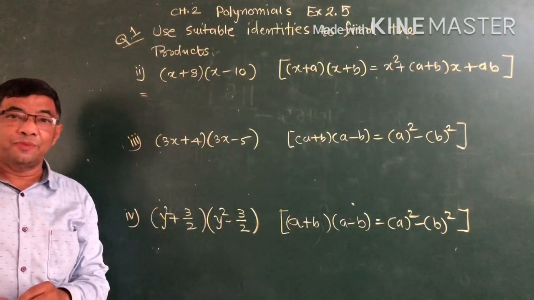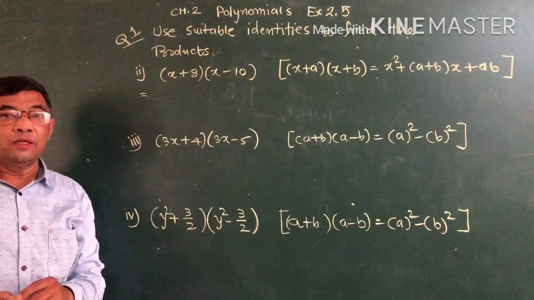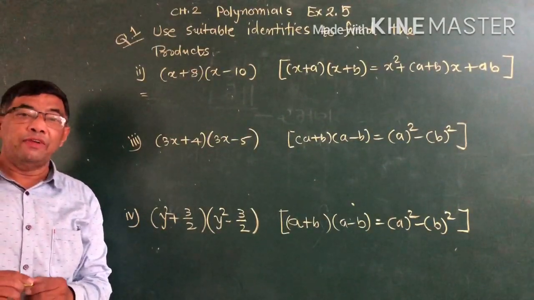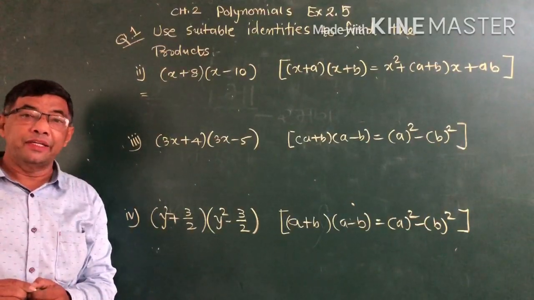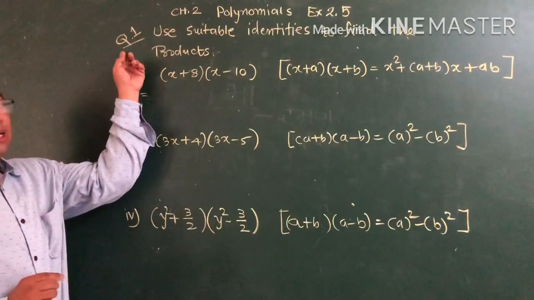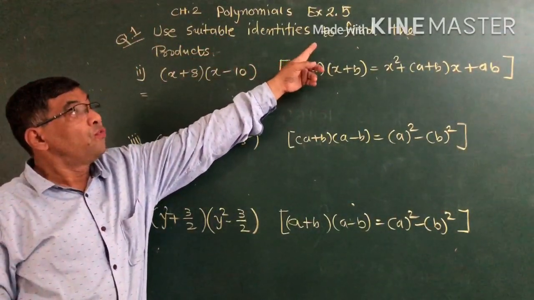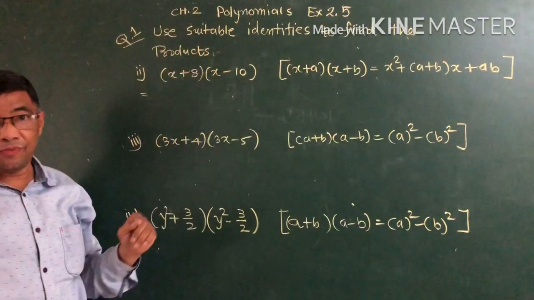Hello students, today we solve exercise 2.5 where we are going to use identities. In that, question number 1 is: use suitable identities to find the products.